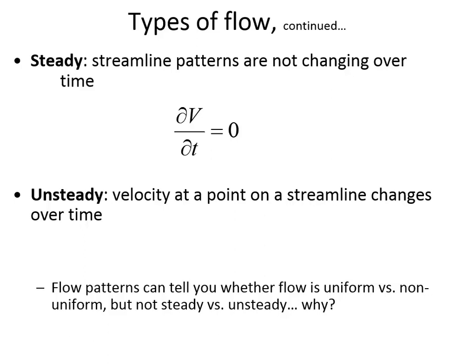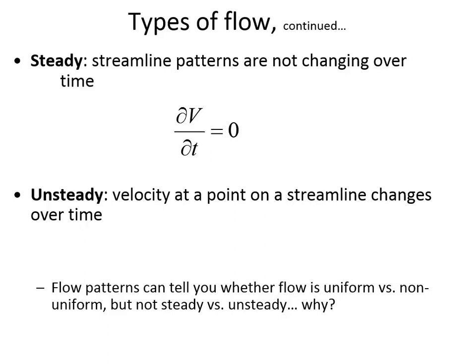What if velocity is changing? What do you call that? Velocity is changing with respect to time. Acceleration. What we actually are going to call that is local acceleration, to differentiate it from other kinds of acceleration. So what causes unsteady flow?